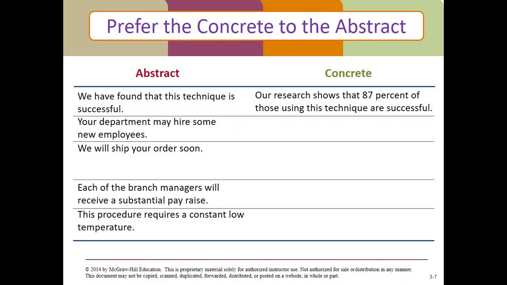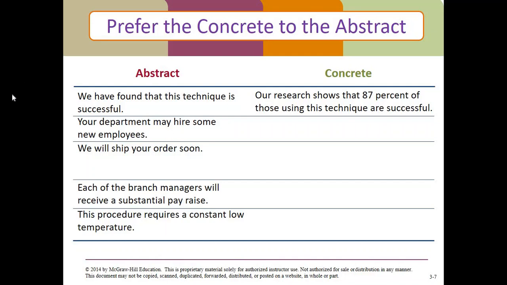Now, always try to be very concrete and detail oriented when you write something instead of using abstract sentences. Now let's look at the first example. The abstract form of the first example is we have found that the technique is successful. Now the question is, to what extent is the technique successful? Is it 80% successful, 70% successful, or 40% successful?